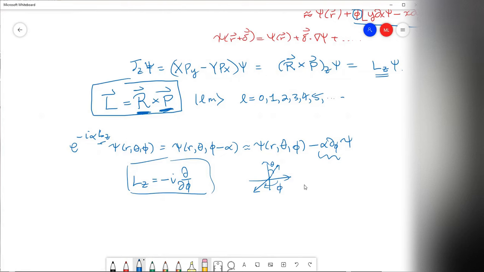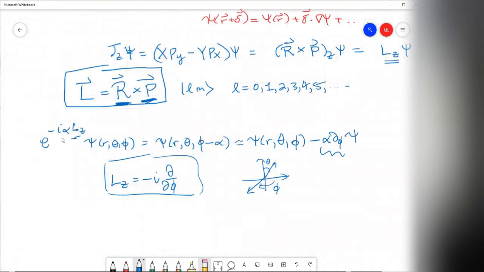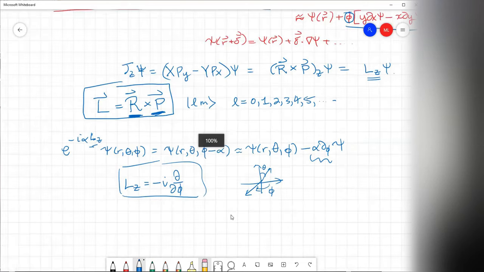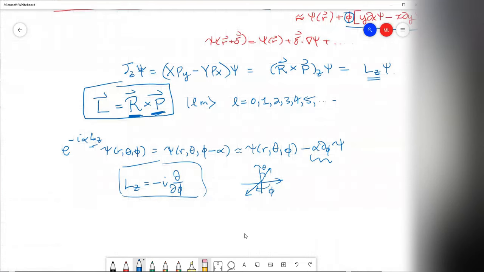You could rotate around X and Y, and then you would have exponentials of X and Y, and you could calculate, using properties of rotations, what it does to this function. Then you could again Taylor expand for a small angle, and extract what LX and LY do.